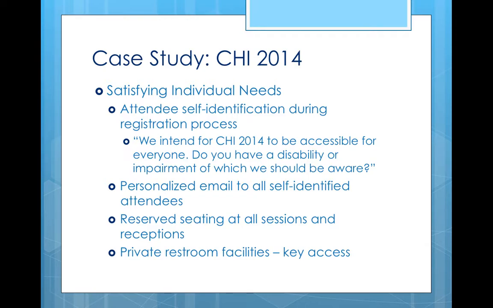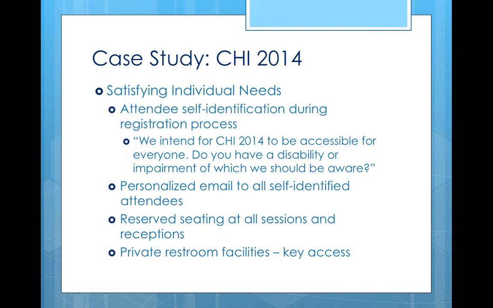Last year, we also added reserved seating at all sessions and receptions, so 2 or 3 seats at the front of each room that say reserved for people with disabilities. They may or may not get used, but that ensures that if somebody shows up, they always have a place to sit, and they don't have to try and climb over people or sit in the back or do something that might be difficult for them.